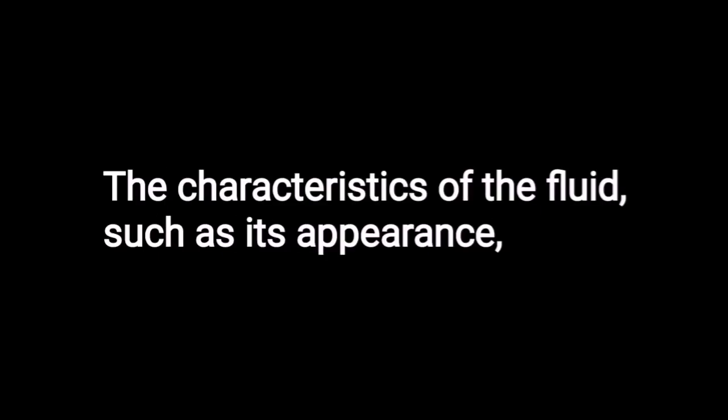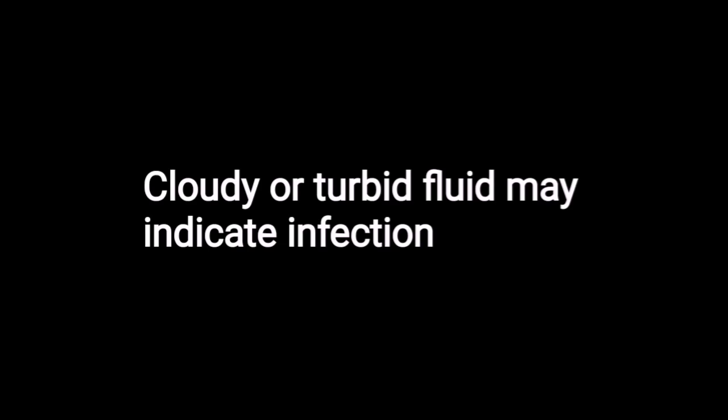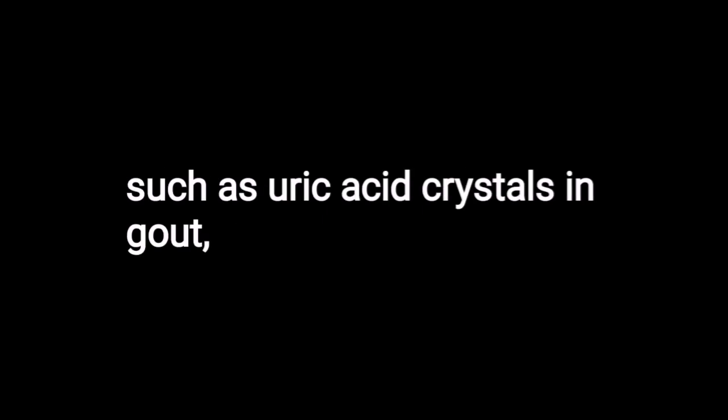The characteristics of the fluid, such as its appearance, viscosity, and cell count, can provide crucial information. For example, cloudy or turbid fluid may indicate infection or inflammation, while clear fluid may suggest osteoarthritis. Additionally, the presence of specific cells, like white blood cells, and crystals, such as uric acid crystals in gout, can further aid in diagnosing the underlying condition.